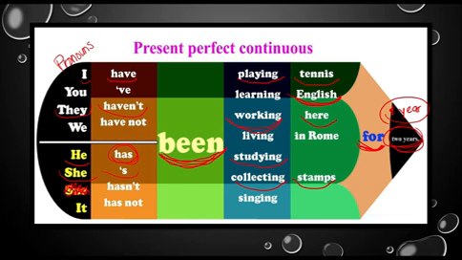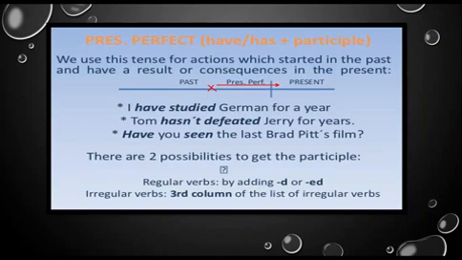Next, transparency. Present perfect. Have, has, plus participle. We use this tense for actions which started in the past and have a result or consequences in the present. Okay, and you can see this line of time. I have studied German for a year.